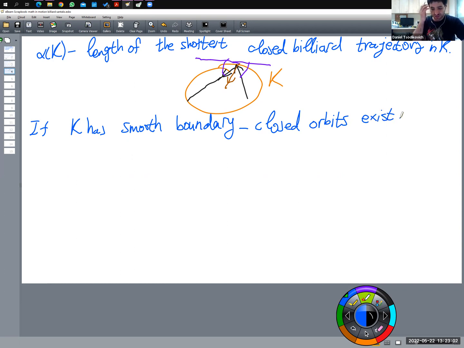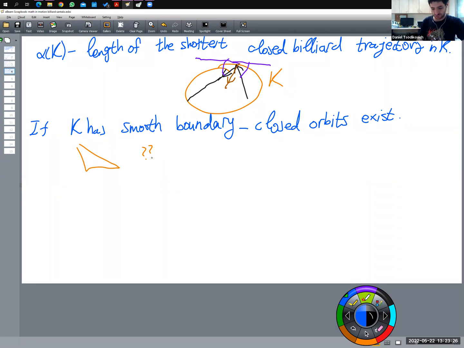But if K doesn't have smooth boundary, then it's much more complicated. For example, we don't know if an arbitrary triangle has a closed billiard orbit. So it's not known if an obtuse triangle has a closed billiard orbit. Yes, so this is not really known.